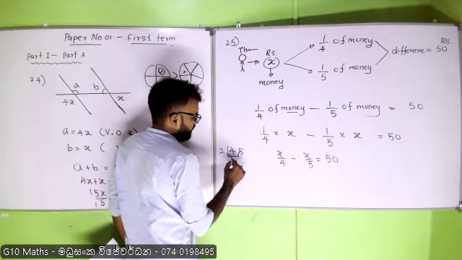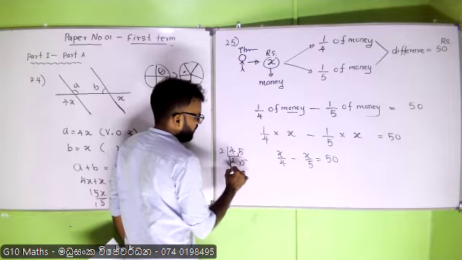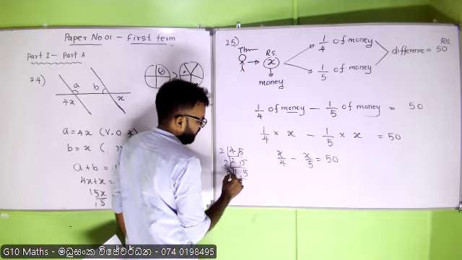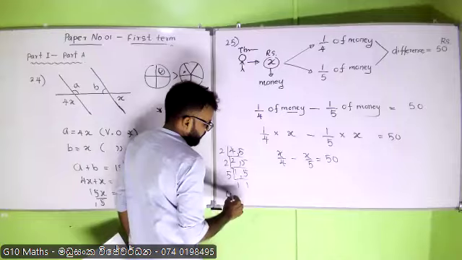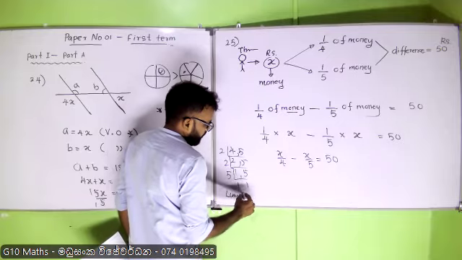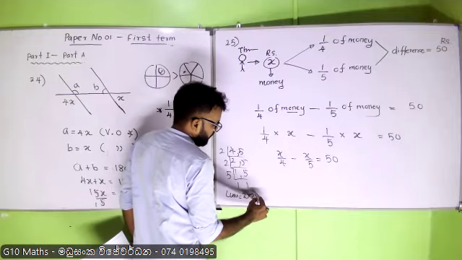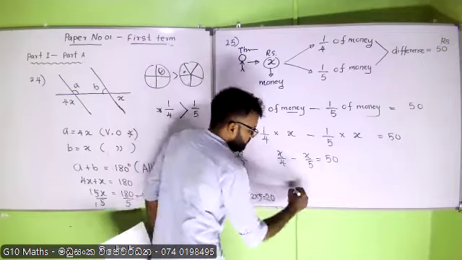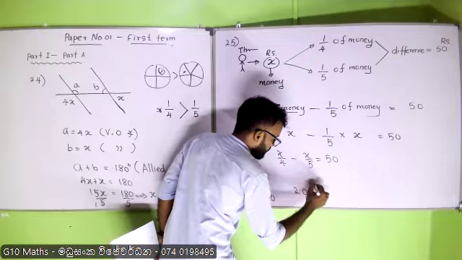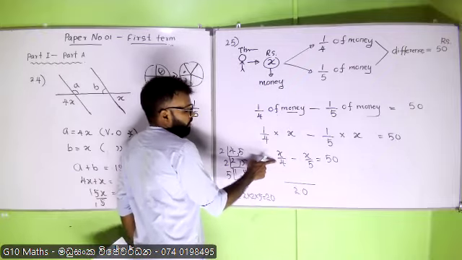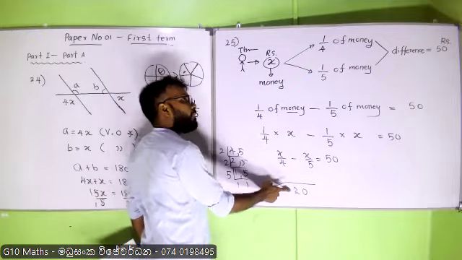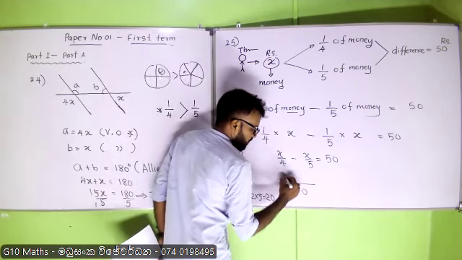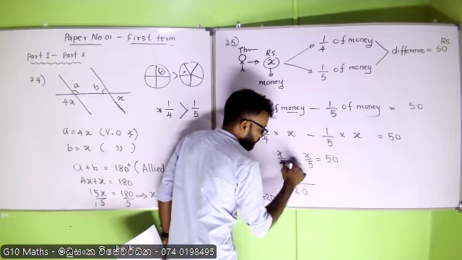Divide using prime factors until you get 1 at the end. So the LCM will be 2 multiplied by 2 multiplied by 5, which is 20. The common denominator is 20. How many 4s are there in 20? There are 5 fours, so 5 times x, 5x.